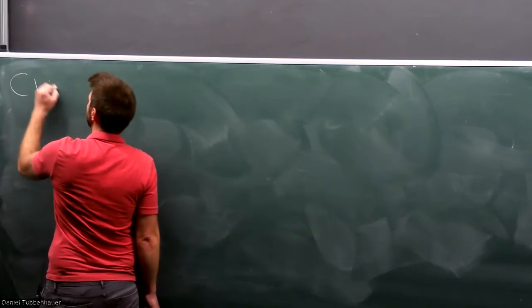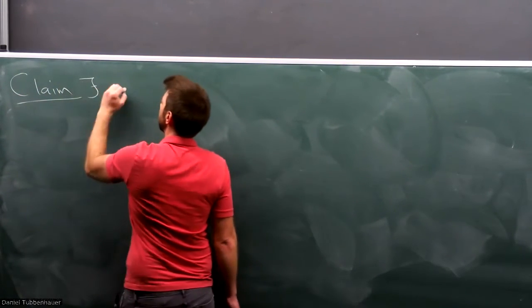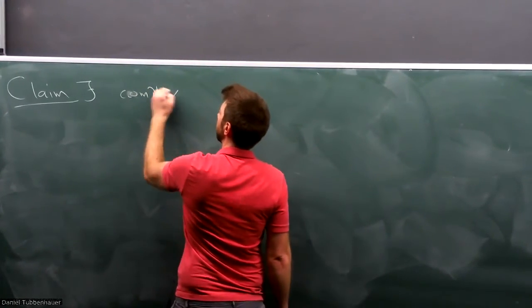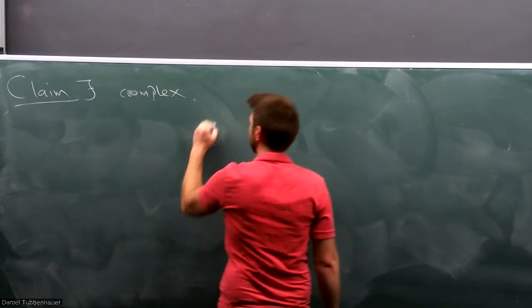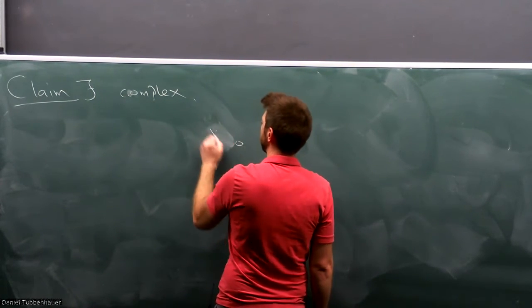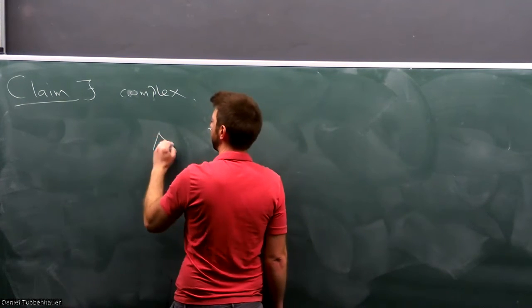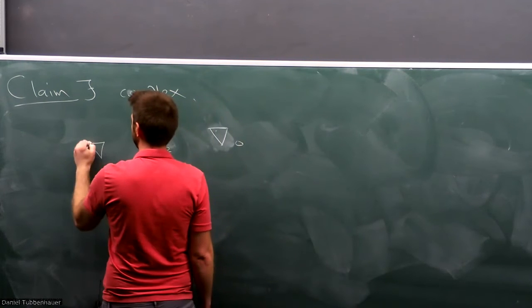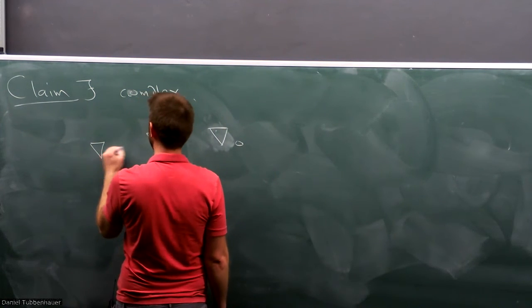There's an infinite complex you can build, where I take the zero costandard, then the second, and the fourth, and so on.